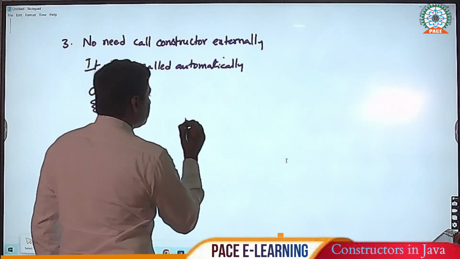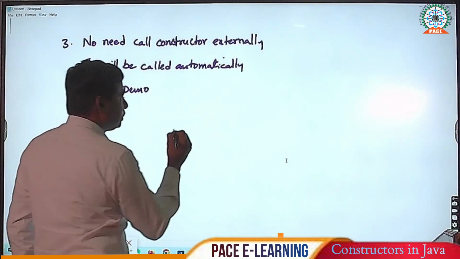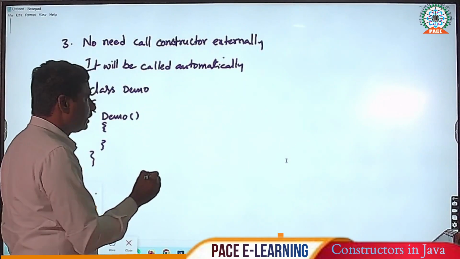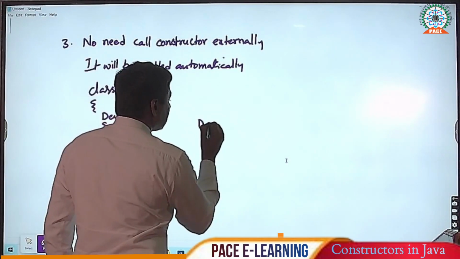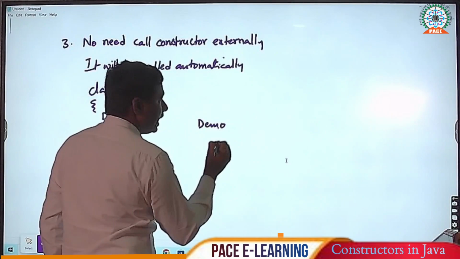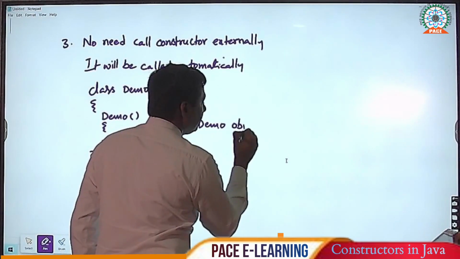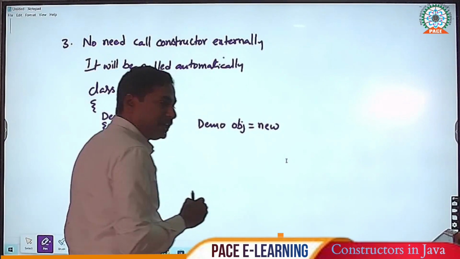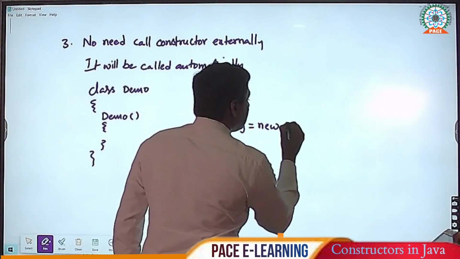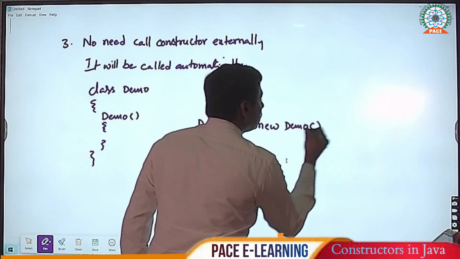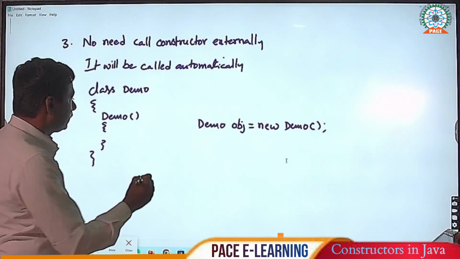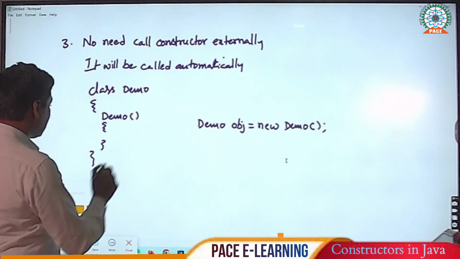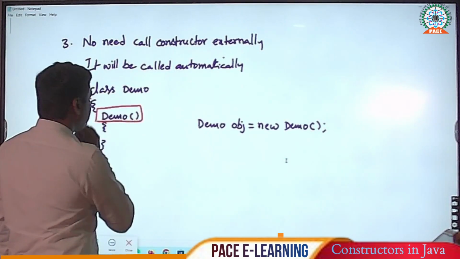Here, this is the syntax to create an object. All of you know the syntax to create an object. Class name, here the class name is Demo, and the object name is just obj, and new is the keyword to create an object in Java, and here it is Demo(); semicolon. If you carefully observe, you can find that here Demo is a method.